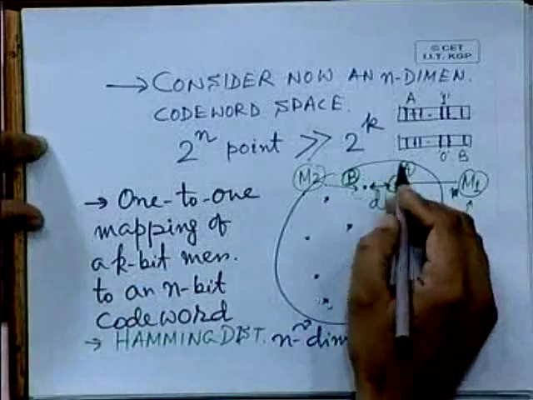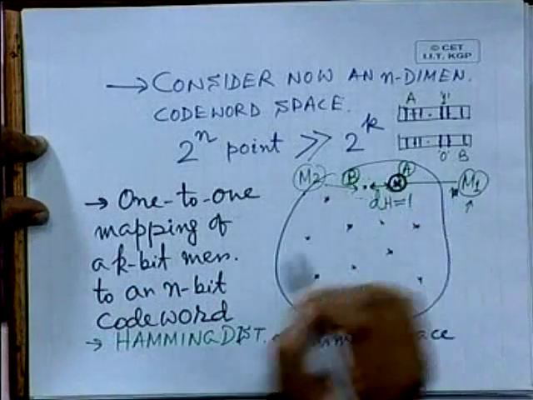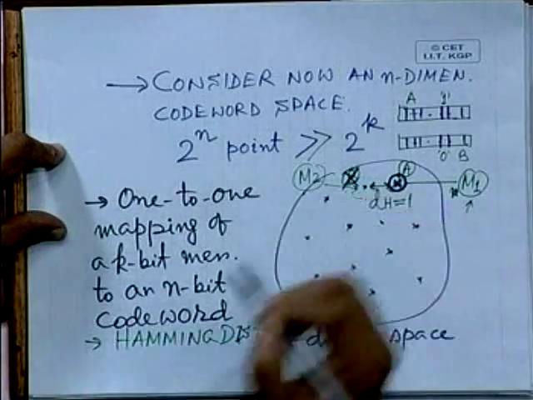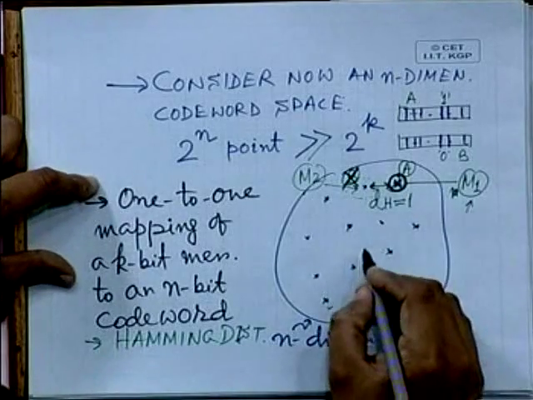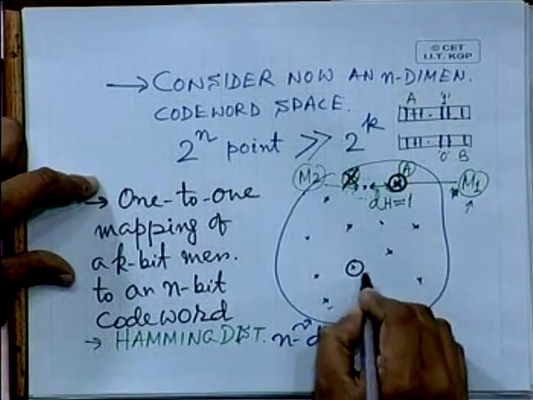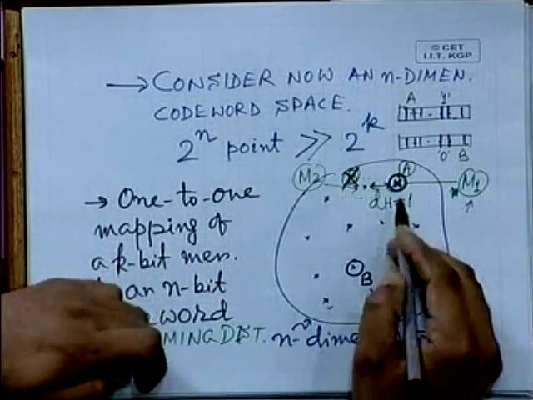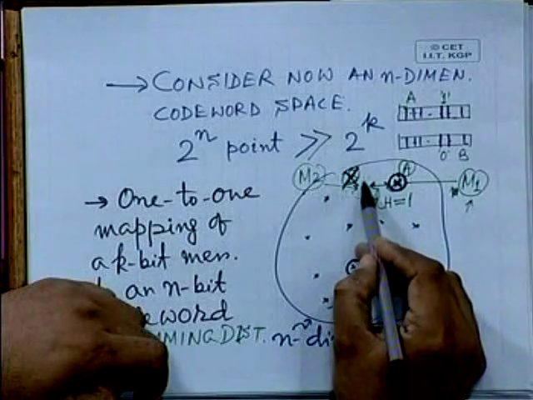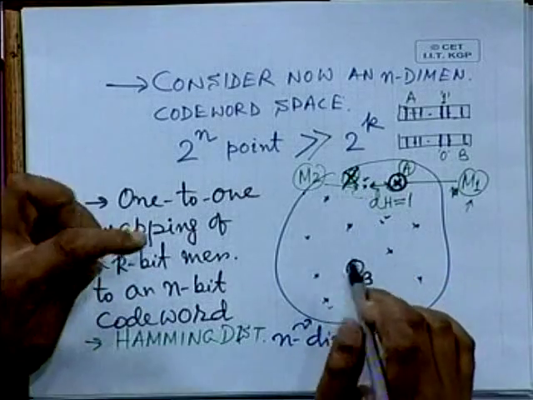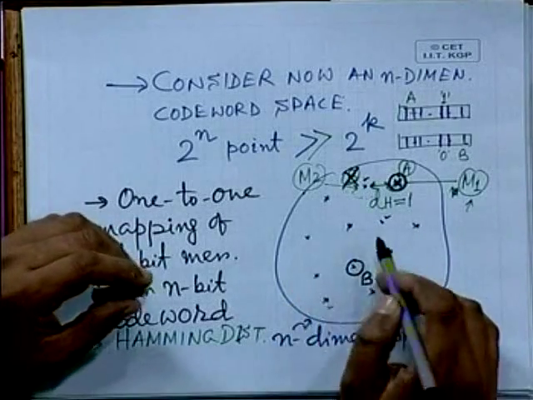So, a better situation perhaps would be that if we choose point A as a valid point, I should not choose B, maybe I choose this as point B. And the nearby points of A like this or this should never be chosen, though those are valid n tuples.